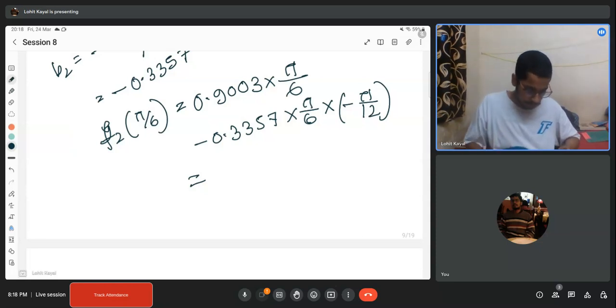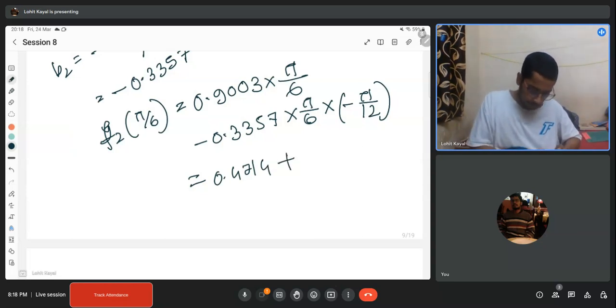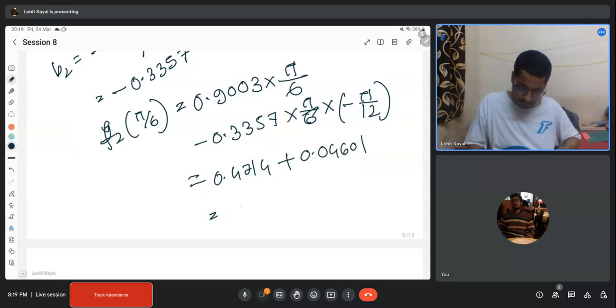The first term I have already got, that is 0.4714, and it will be plus 0.3357 into pi square divided by 72, plus 0.4714. So finally, the value is 0.5174.